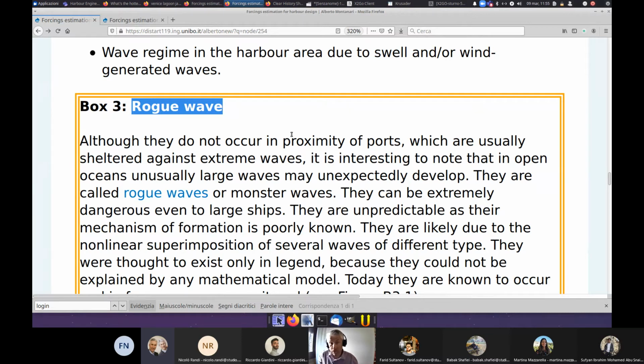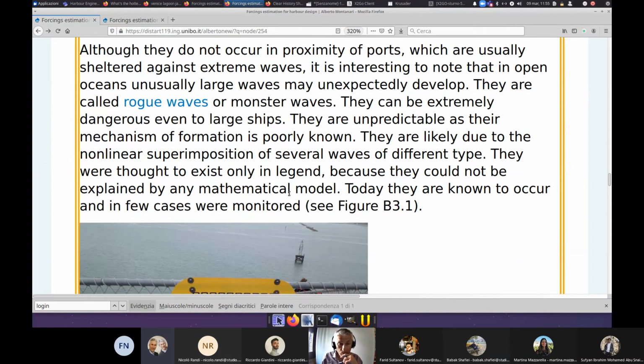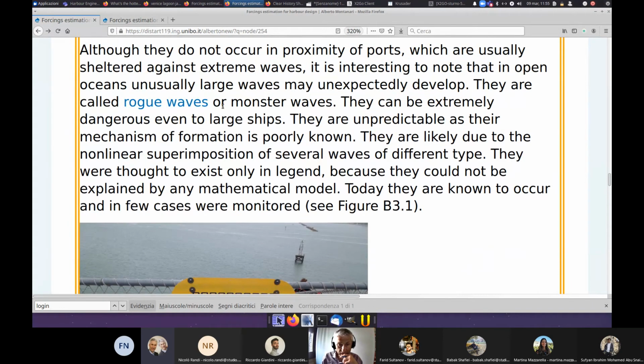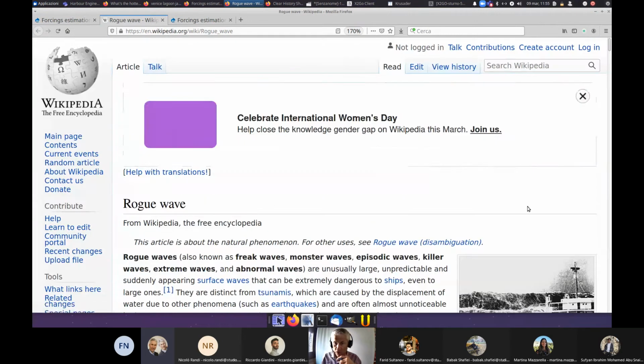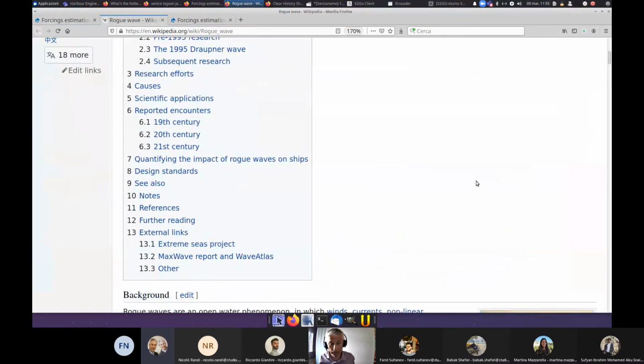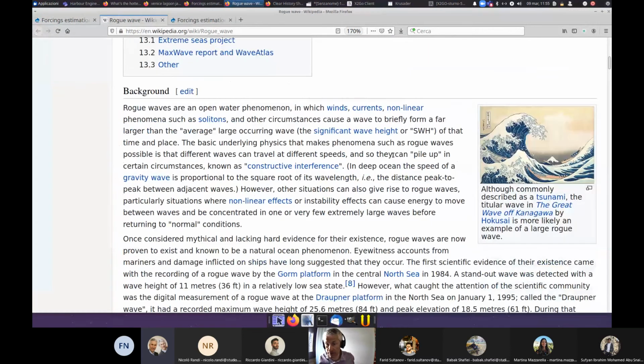And these nonlinearities may originate in the open ocean these monster waves. And there is also a Wikipedia page dedicated to it, which is interesting. If you just open it, there are some interesting pictures. And also there is a more detailed explanation.